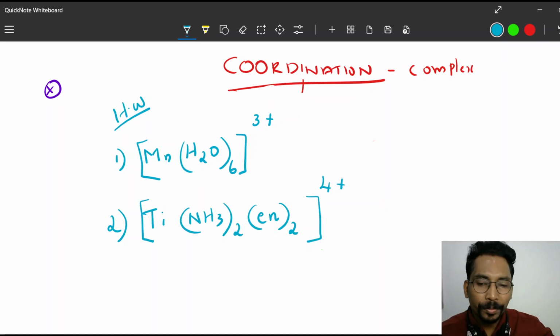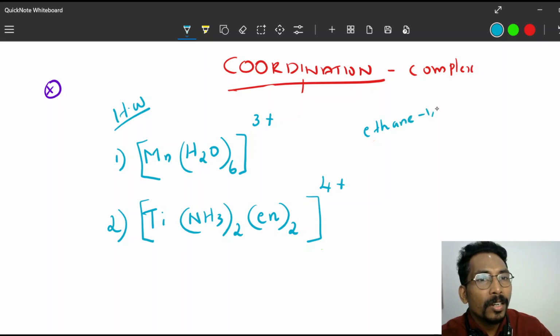Okay, one more thing. If en is coming as a ligand, you have to note one thing. First, the name is ethane 1,2-diamine, or you can simply write ethylene diamine. I have told you that if the same type of ligand is repeating 2-3 times, you use di, tri and all.